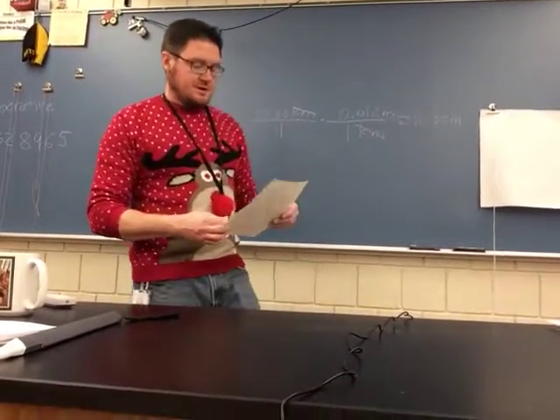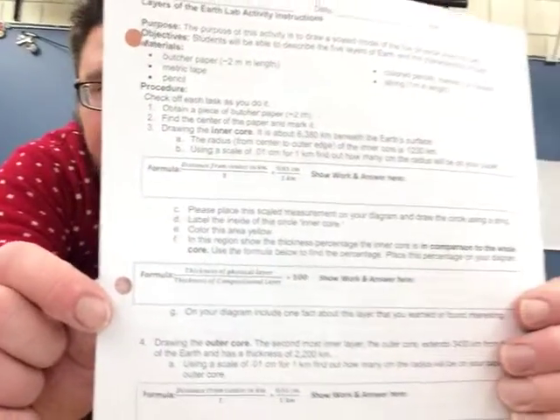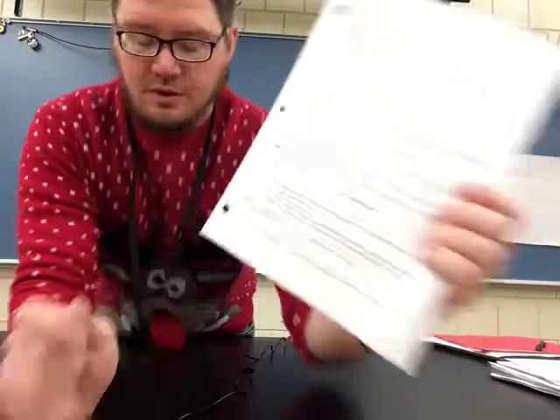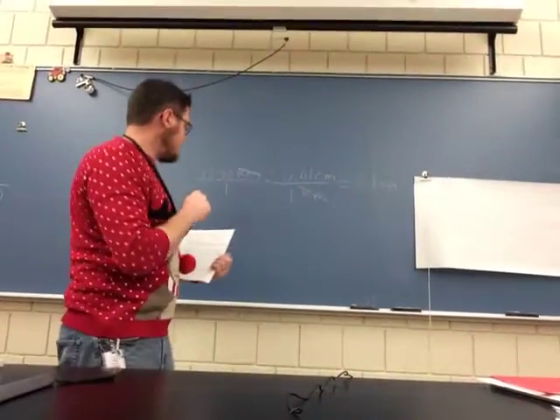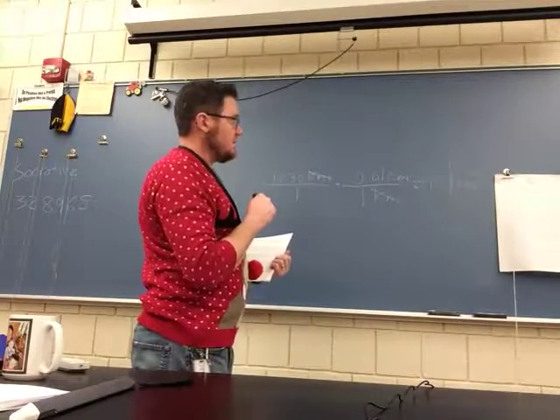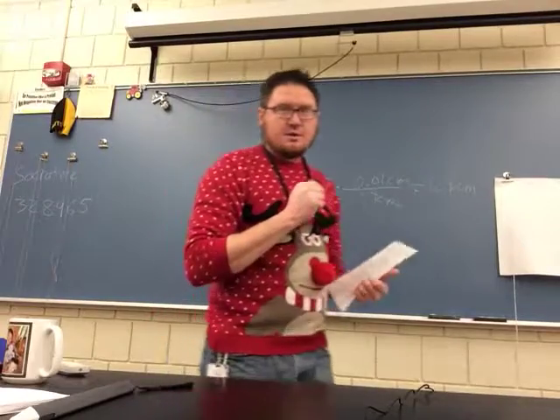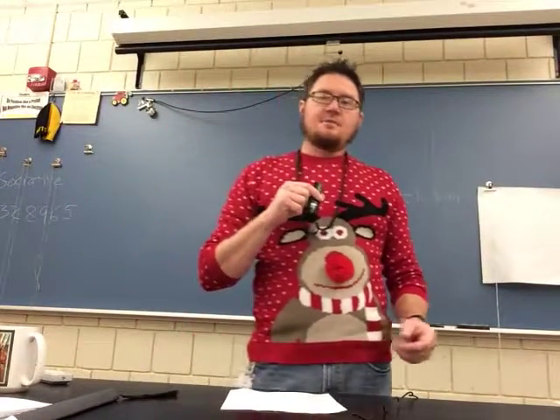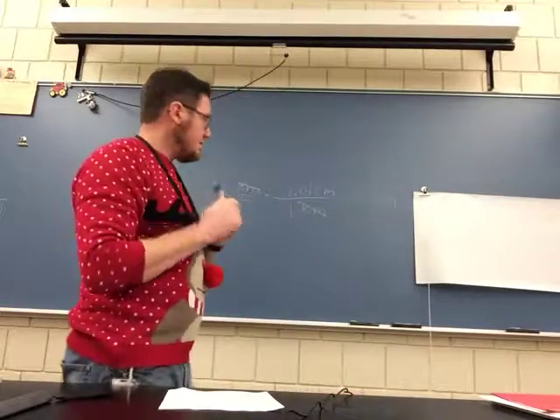Then the formula underneath wants to figure out what percentage of our inner core makes up the entire core. So what percentage of our physical layer of the inner core makes up the compositional layer of the core.